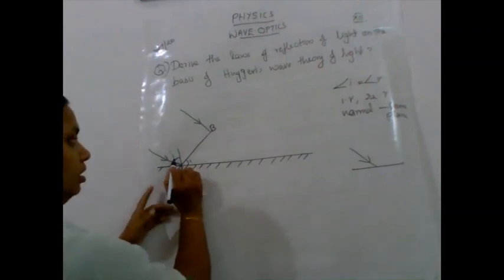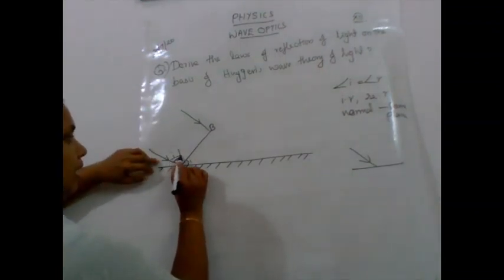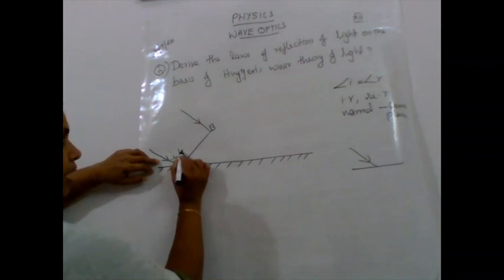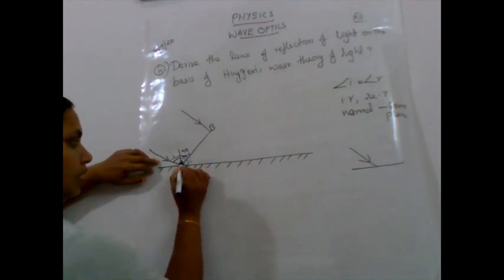This angle is 90 because this is the normal. This is 90. Therefore, this angle is 90 minus I. This angle is 90.